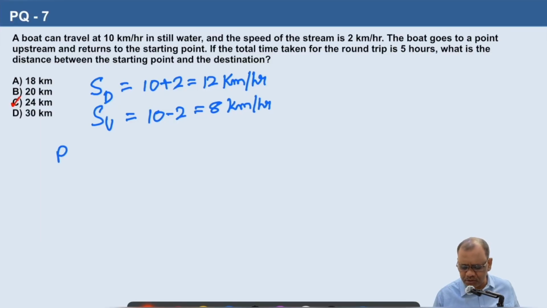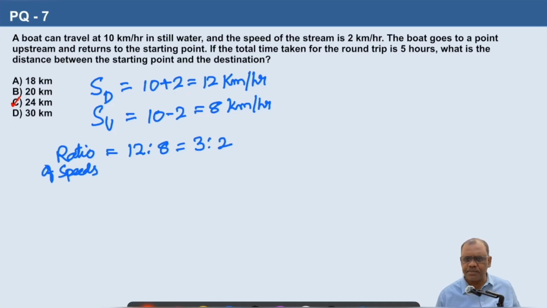So the ratio is 12 is to 8, 4 threes and 4 twos. This is the ratio of speeds. Speed and time are inversely proportional.